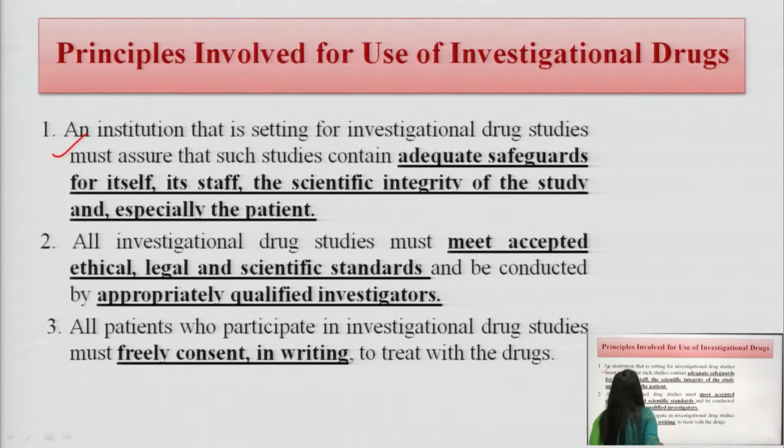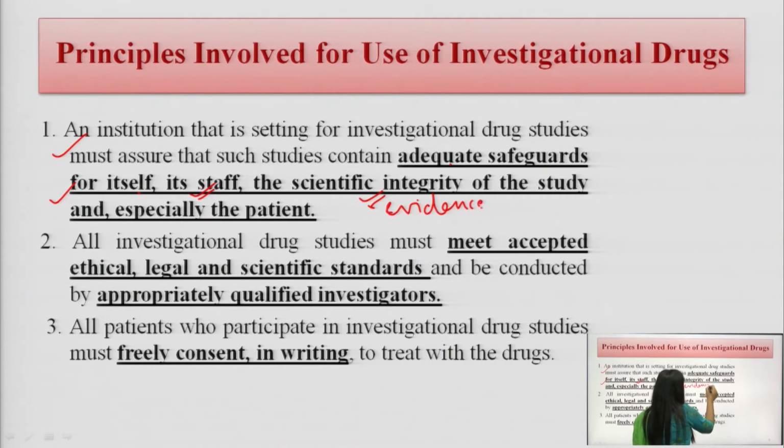Point number one: an institution, here the hospital, that is setting up an investigational drug study should have adequate safeguards for itself and its staff, meaning whoever is working in the clinical trial. The scientific integrity: whatever studies are performed in a hospital should have scientific integrity, meaning they are based on some evidence. Integrity of the study, and especially of the patient.